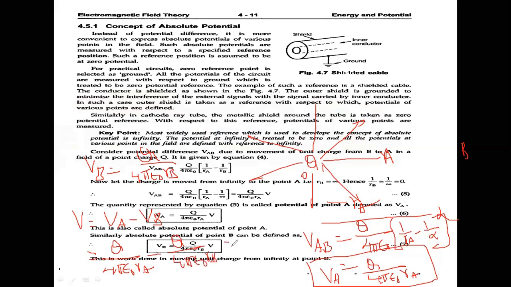Now the common term is Q by 4 pi epsilon naught into 1 by RA minus 1 by RB, the same thing. So the voltage at point A is VA equal to Q by 4 pi epsilon naught RA, and at point B it is Q by 4 pi epsilon naught RB.